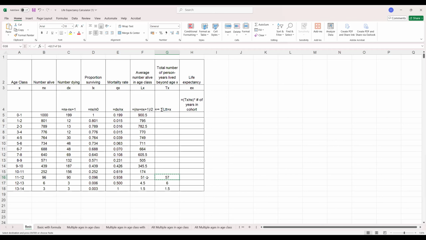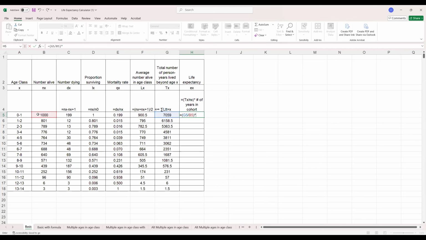And for copying and pasting here, you have to use Control C and then Control V. Okay. Then finally, life expectancy equals capital T sub x divided by the counterpart N sub x. And then you multiply it by the number of years in that cohort.